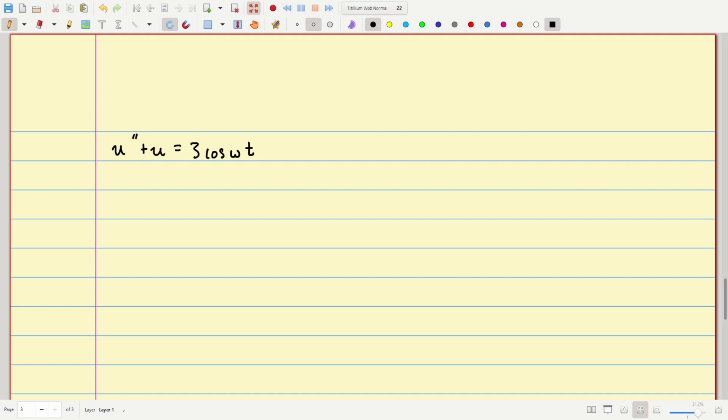So what we're going to have is this differential equation here, u double prime plus u equals 3 cosine omega t. We're going to set both of the initial values equal to 0. And we are also going to specify that omega, whatever it is, is not 1. So we're not going to specify this value here.